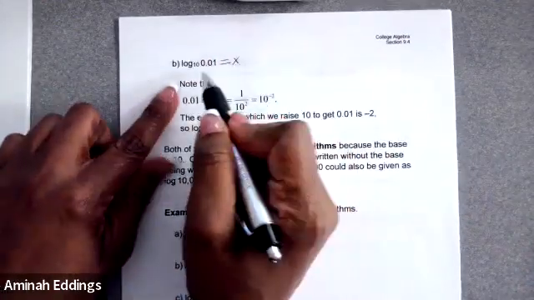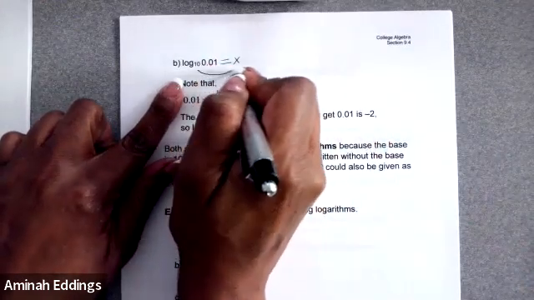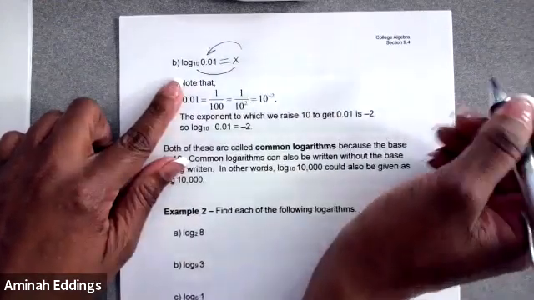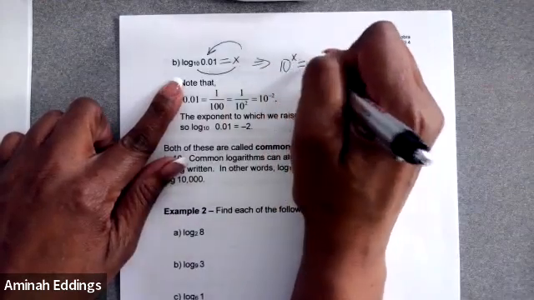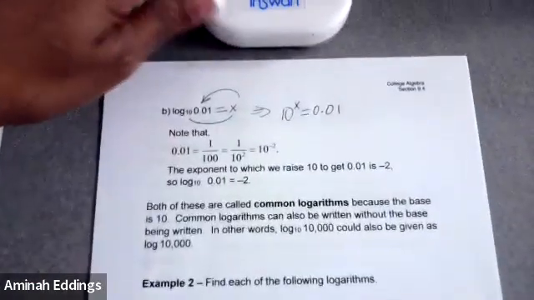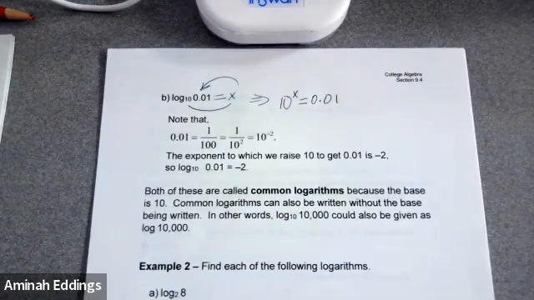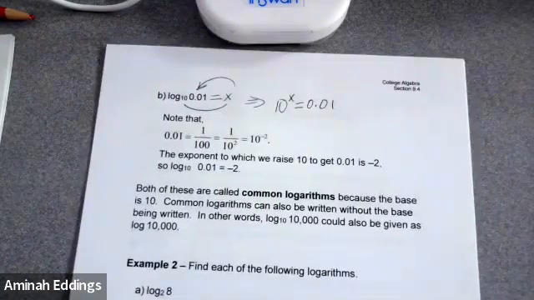And so it would become 10 to the x power equals 0.01. And so now you want to think about 10 to what power is 0.01?